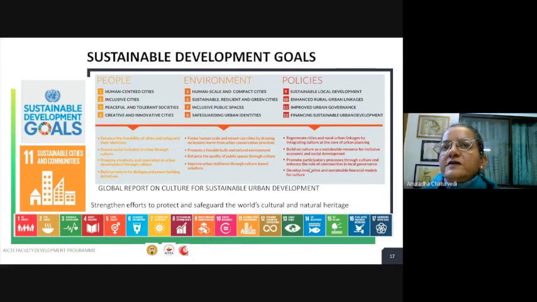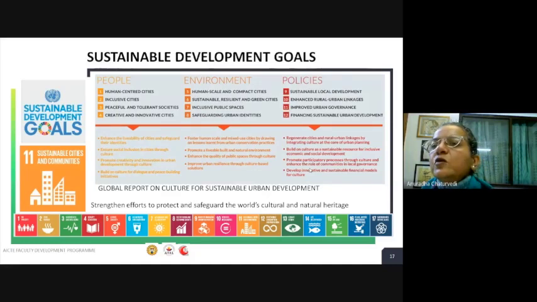So when we discuss sustainable development goals, goal number 11, which is related to sustainable cities and communities, target 4 related to protection and safeguarding the world's cultural and natural heritage, is the most prominent goal which is linked with heritage resource management.